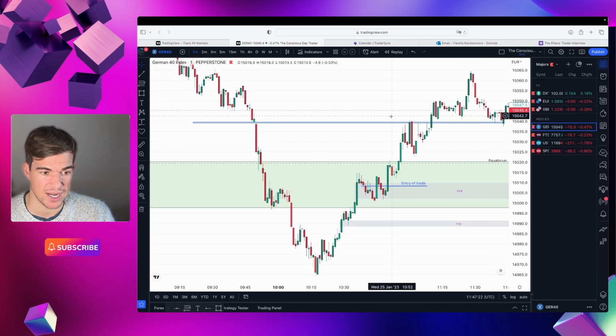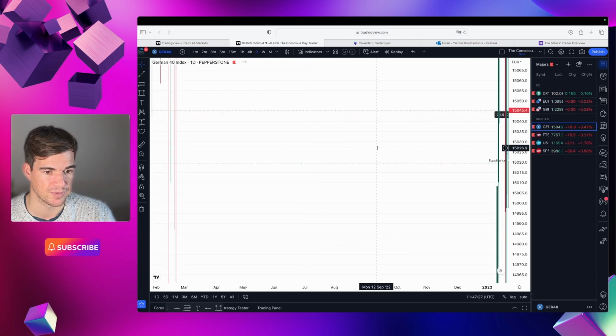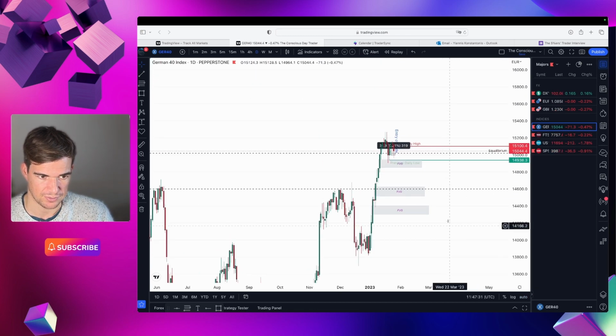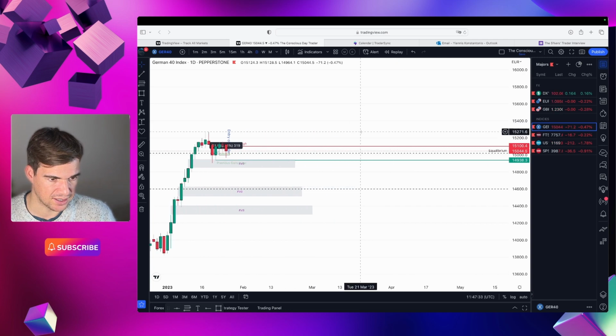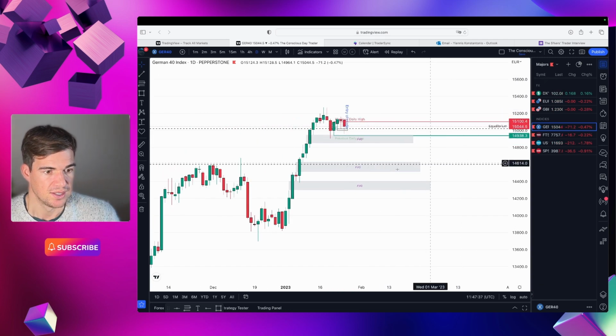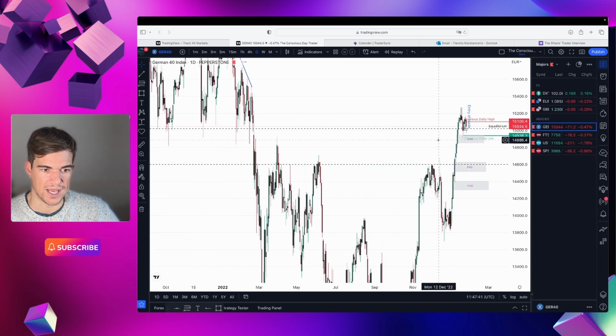Obviously ICT trading, what I saw, it was this on the daily. We put our daily values in, and we've had this enormous move on to the upside. Where could that be going?